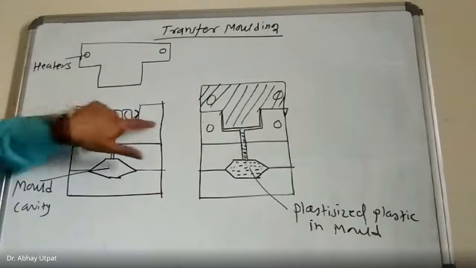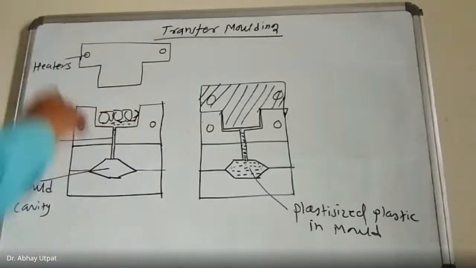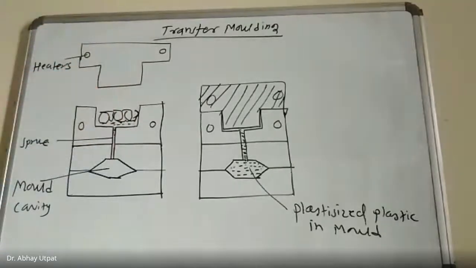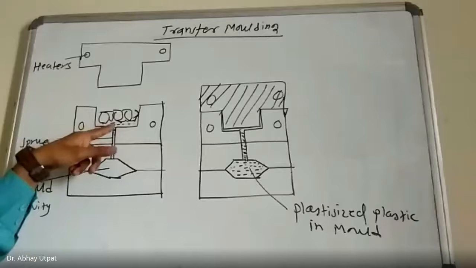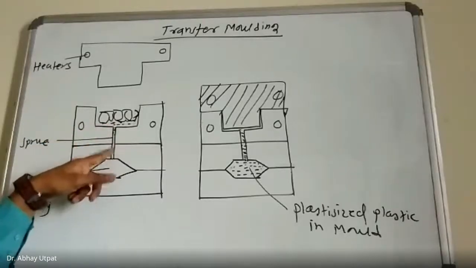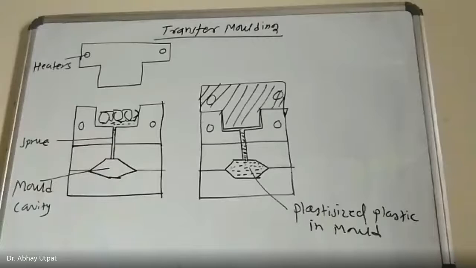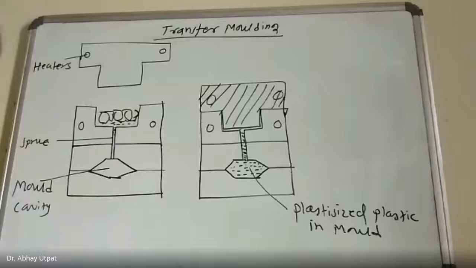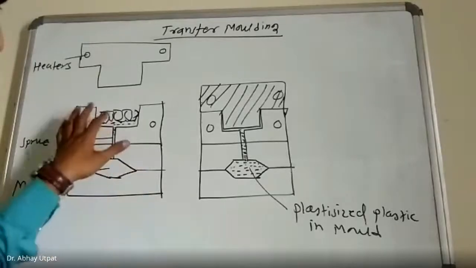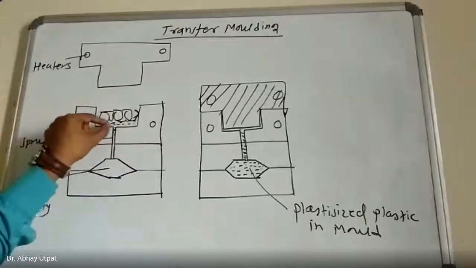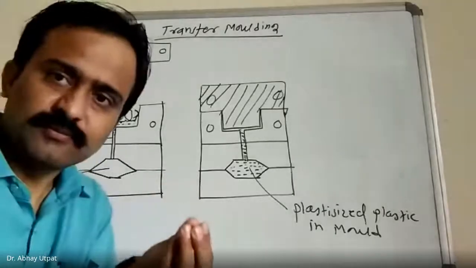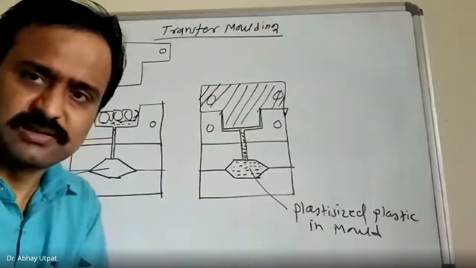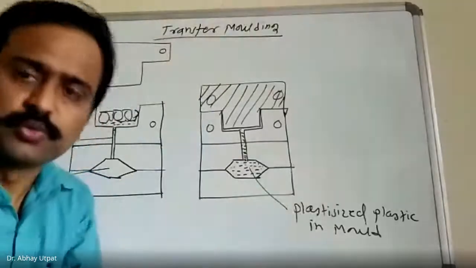These are the heating arrangements, so heaters are also provided there. When it starts pressing, it will plasticize, and through the bottom side, wherever the sprue arrangement is made, it will start flowing. Initially it is heated till all the material is plasticized. Once all the material is plasticized, it is viscous. Try to understand, it is not like water. It is more viscous and will not go easily through that sprue.